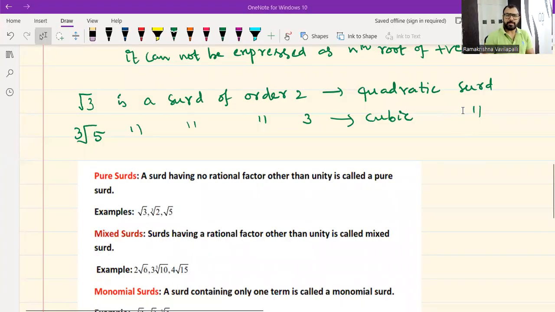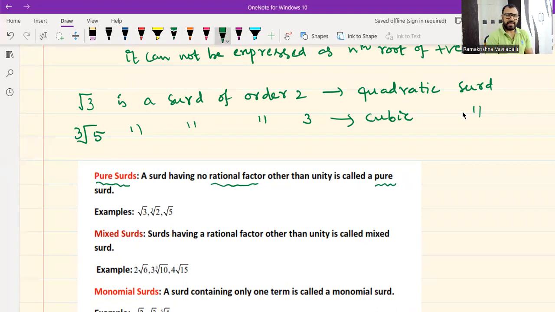So what are the types of surds? First, pure surds. What is a pure surd? A surd having no rational factor other than unity is called a pure surd. Having no rational factor other than 1.